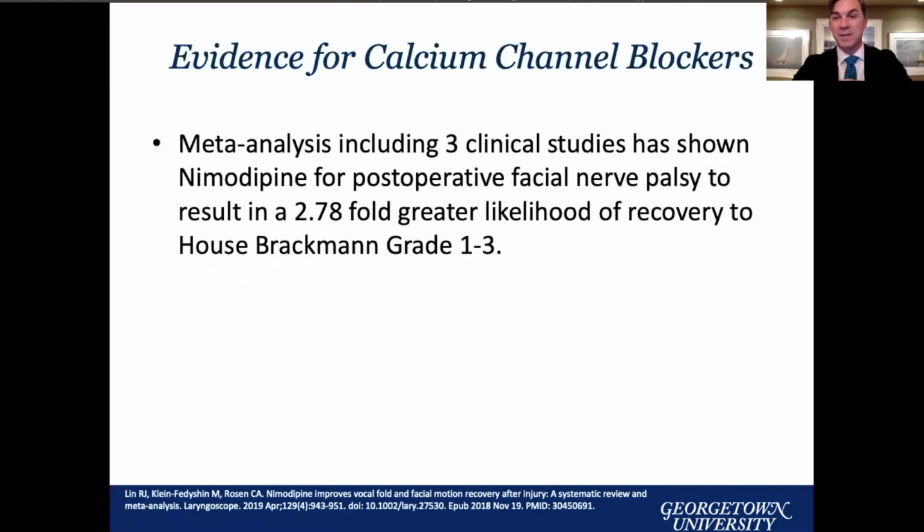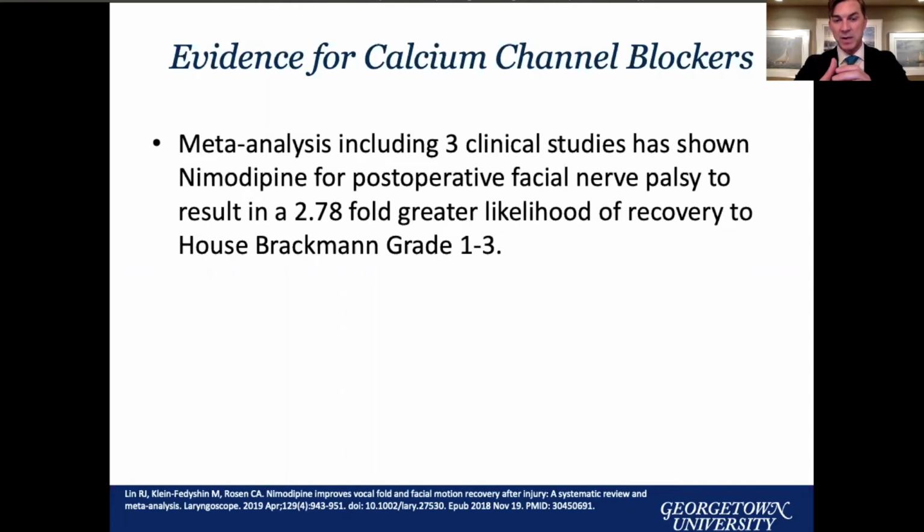Is there evidence for calcium channel blockers? Yes, there's mounting evidence that calcium channel blockers, which have long been studied in animals, are helpful in the treatment for nerve recovery following subarachnoid hemorrhage, which is the FDA indication, but also in other neuropathic conditions.